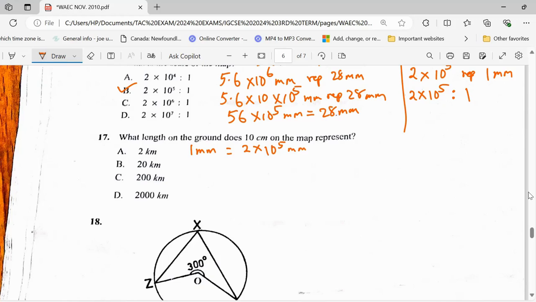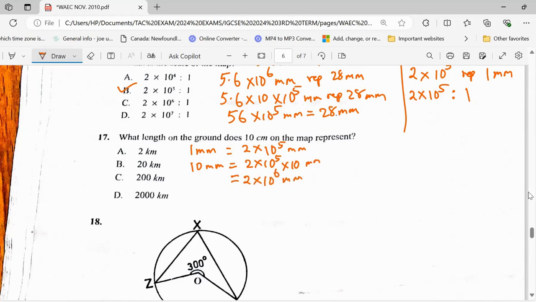So if I get 10 millimeter here, I'm going to multiply this side also by 10. So it's going to give me 2 times 10 raised to power 6 millimeter.